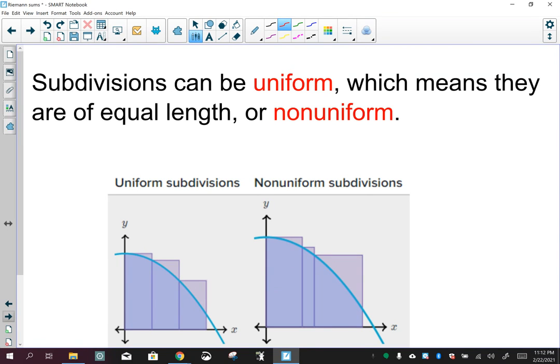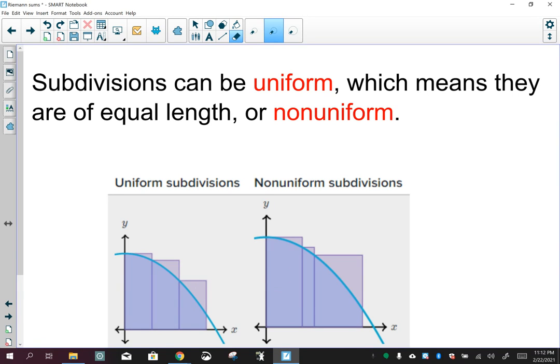Now, we can have uniform, which is traditionally the most common. Uniform rectangles is the most common type of rectangles that you're going to use. But there are opportunities to have non-uniform, and non-uniform usually means that you've got something that looks like this graph over here. Now, when we talk about non-uniform, 9 times out of 10, it's going to wind up being in a table.